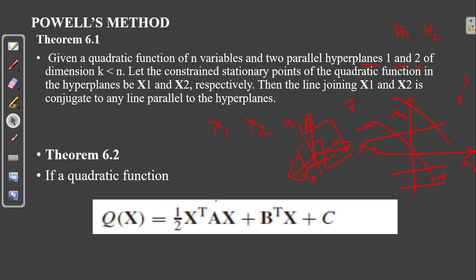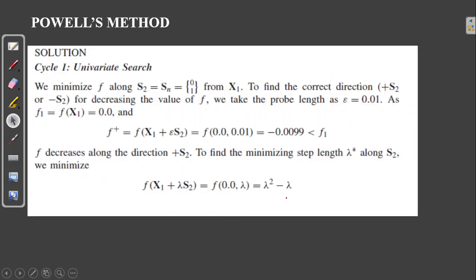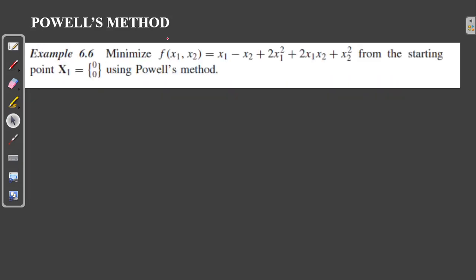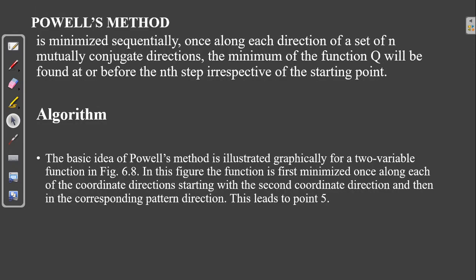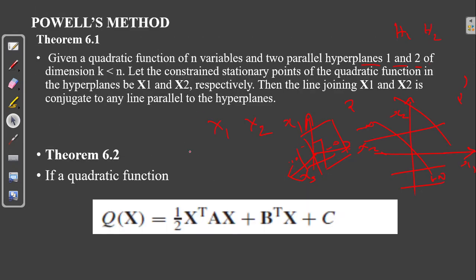Now the second theorem says that if you have a quadratic function like q of x equal to half x transpose A x plus b transpose x plus c, that is like your earlier example, f of x1 x2, we have generalized that example with this matrix, where A and b are matrices.